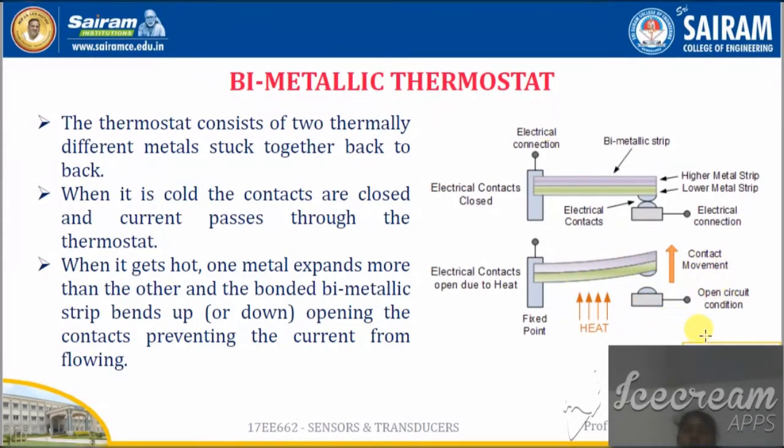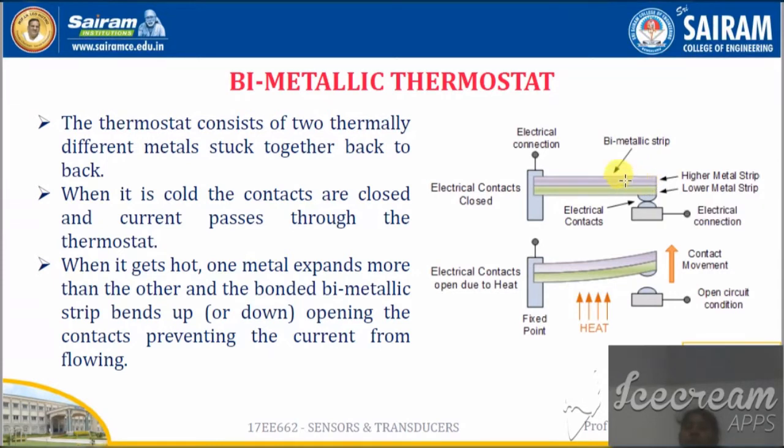One more time I will repeat what is meant by a bimetallic thermostat. A bimetallic thermostat comprises two strips, both made of different materials. Name them the higher metal strip and the lower metal strip. As it has two metals, it is called a bimetallic strip.